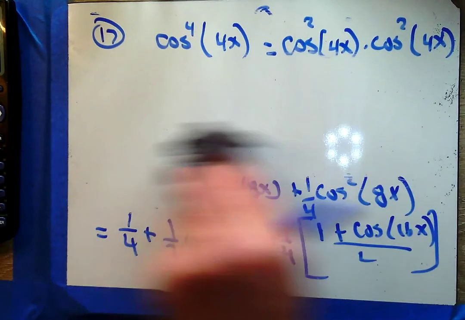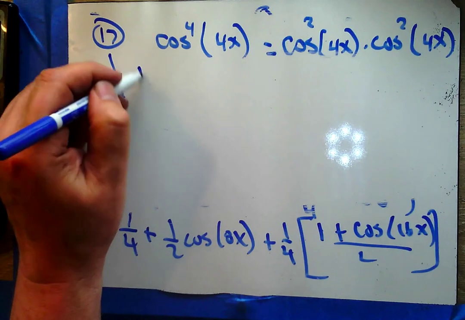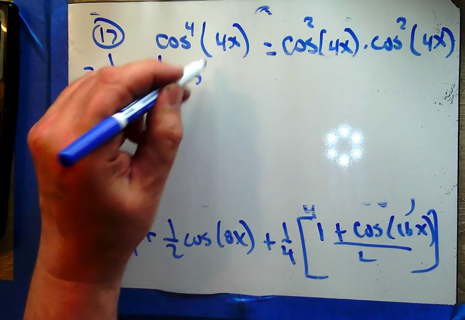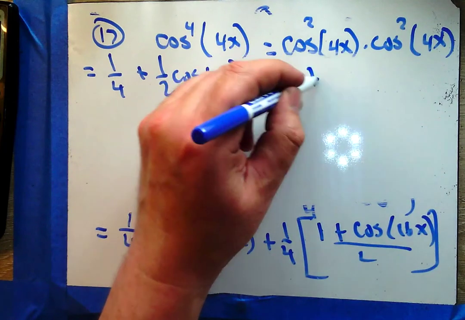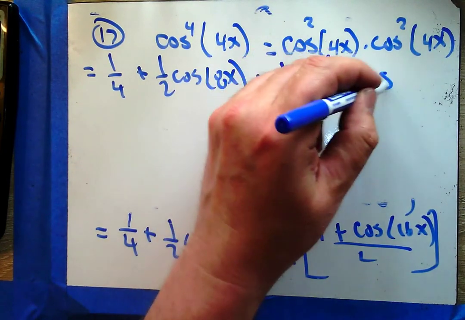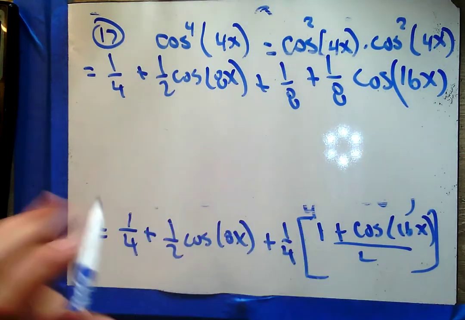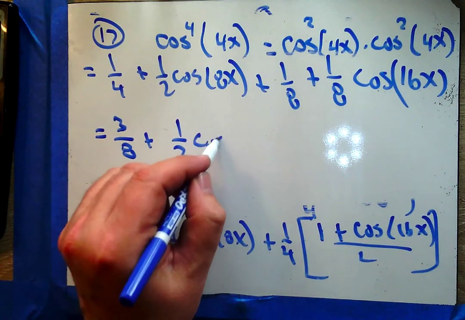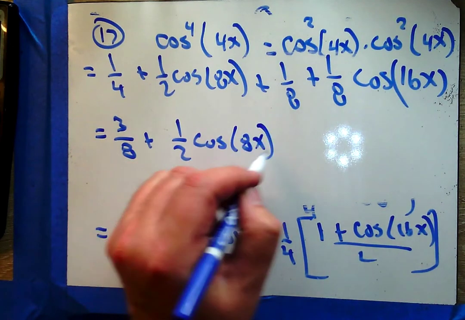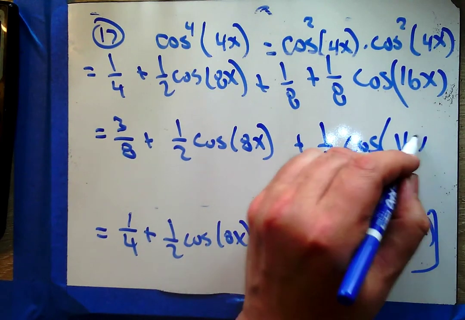So let's go and do that. So now my problem looks like 1/4 plus 1/2 cosine 8x plus 1/8 plus 1/8 cosine 16x. Like terms, let's combine them. 3/8 plus 1/2 cosine 8x plus 1/8 cosine 16x.